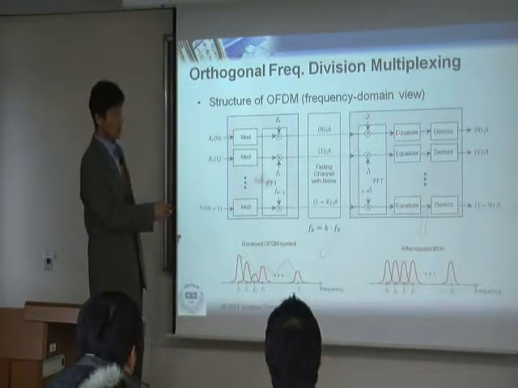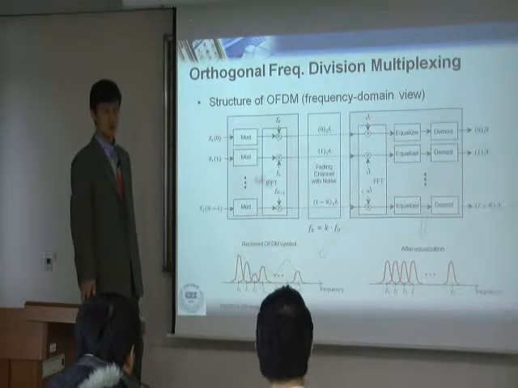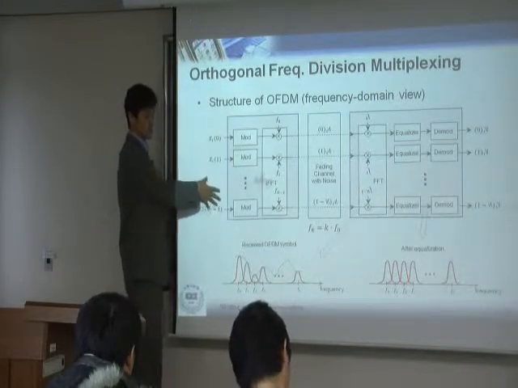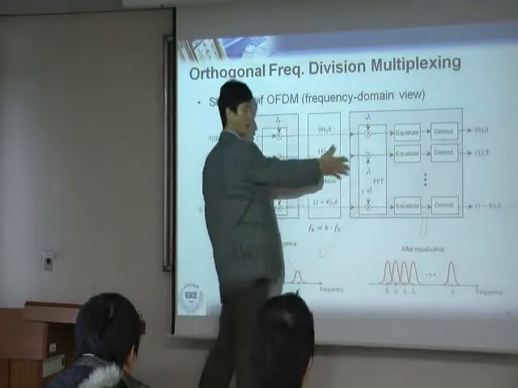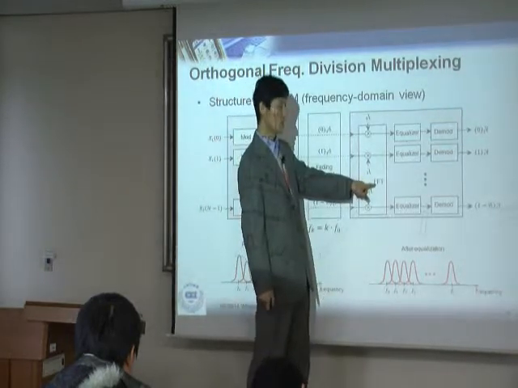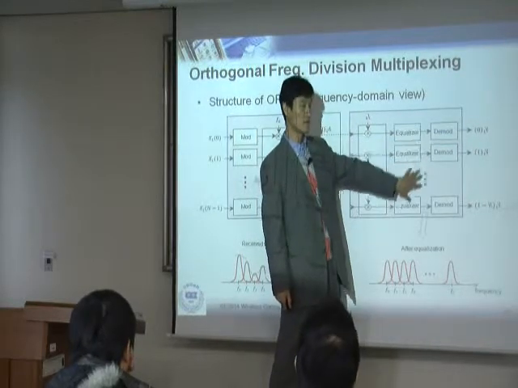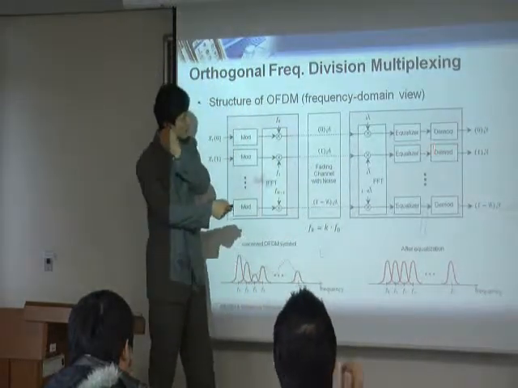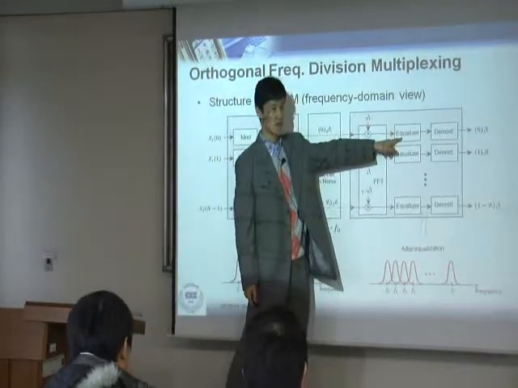By the way, we call this a frequency domain equalizer, because we originally started from the frequency domain. When you go through the IFFT, you have time domain samples. At the receiver, you have the FFT, so we go back to the frequency domain, and the equalizer is right there. Using this frequency domain equalizer, each equalizer is very simple.